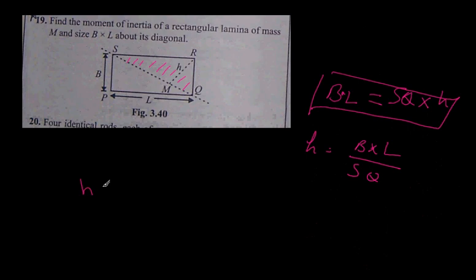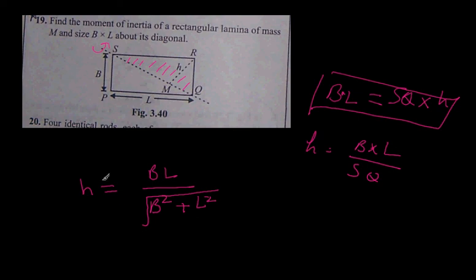Using this formula we can get H. H will be equal to B into L divided by the diagonal S Q. So H will be B into L divided by the square root of B square plus L square. Now you can get the moment of inertia along this axis.